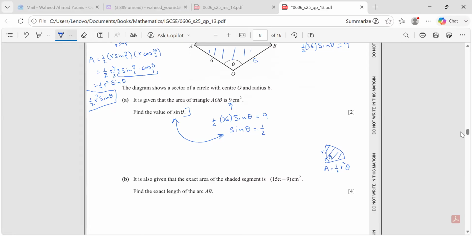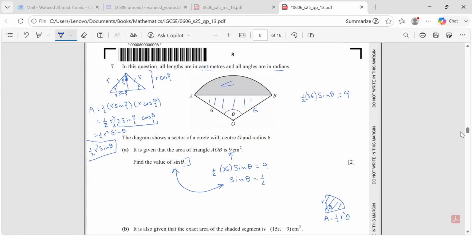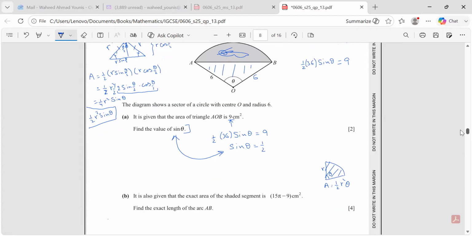Now the shaded area in this diagram, you can see I'm talking about this area. I have to write it here. The shaded area is the area of the sector, which is half r square, and r is 6, so this is 36, into theta.